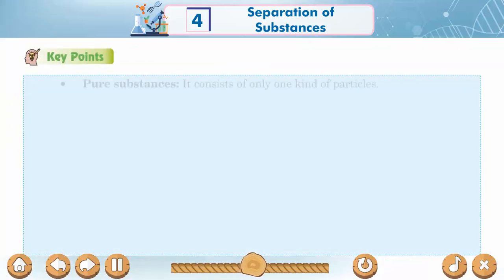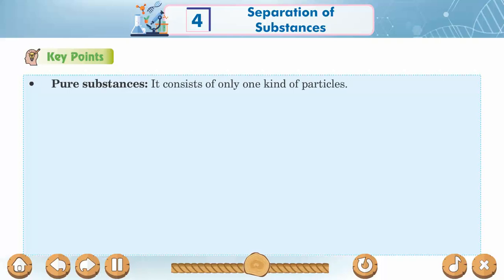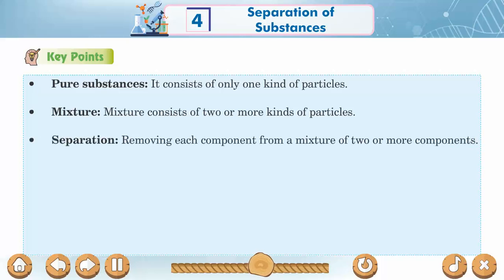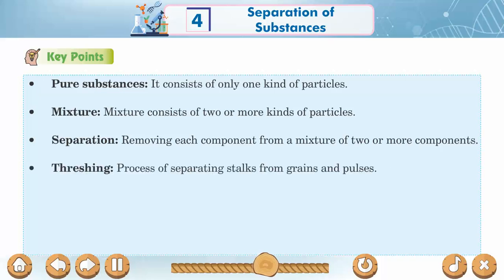Key points. Pure substances consist of only one kind of particles. A mixture consists of two or more kinds of particles. Separation: removing each component from a mixture of two or more components. Threshing: process of separating stalks from grains and pulses.